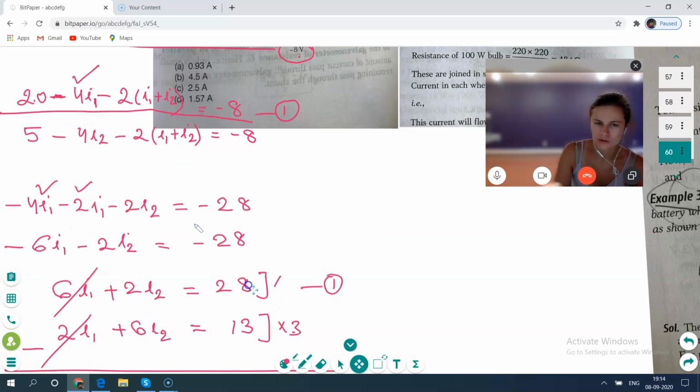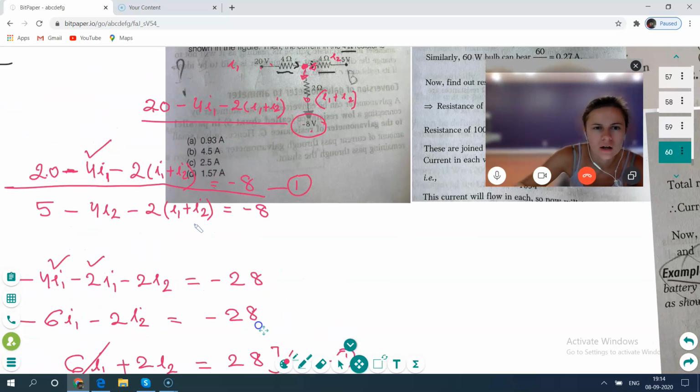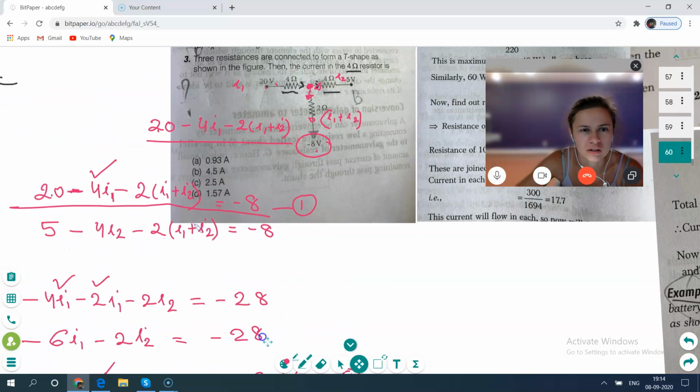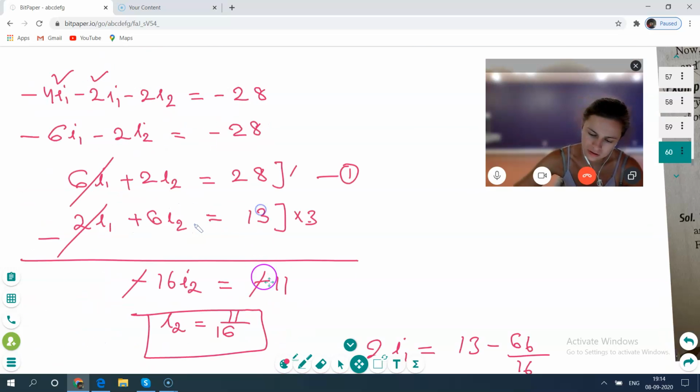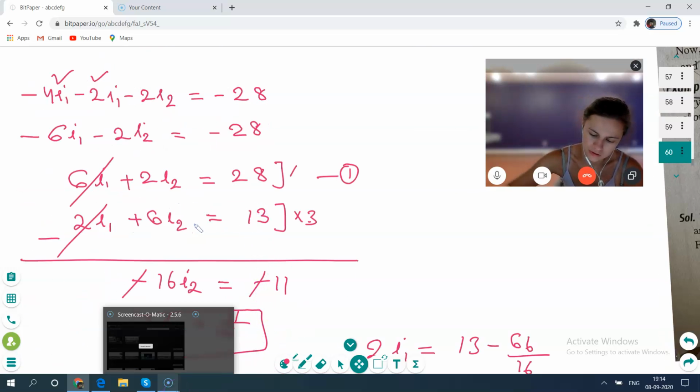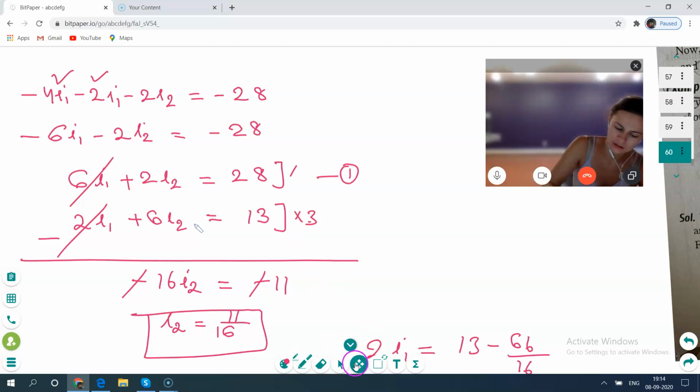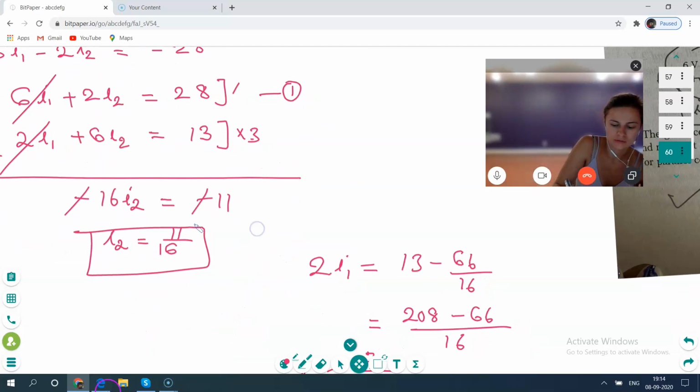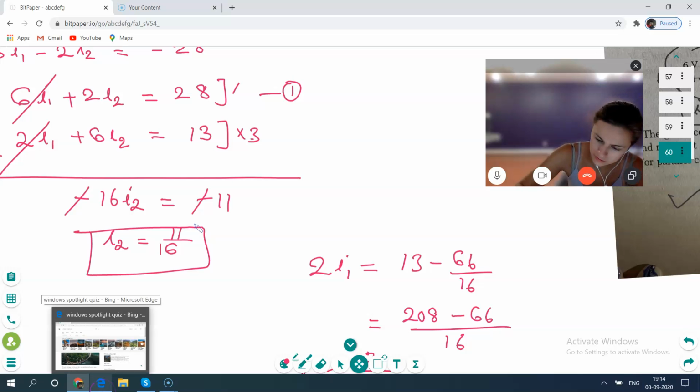Oh wait, one second. Which question is this? Currently they are asking 0.93. Okay, let me see. 71 divided on 8 is equal to 8.875, and 11 divided on 16 is equal to 0.68. I don't know which answer is there.